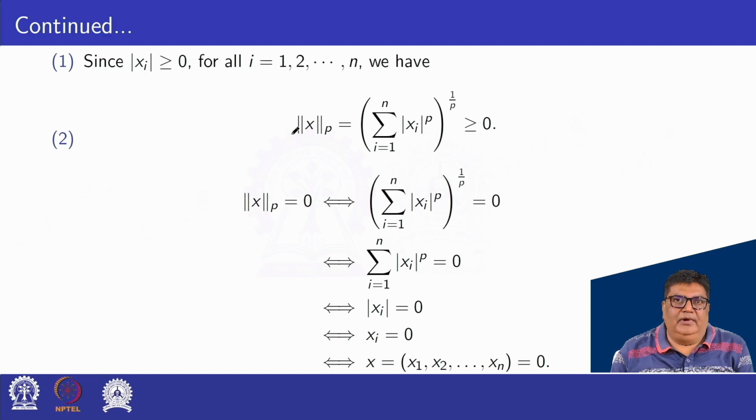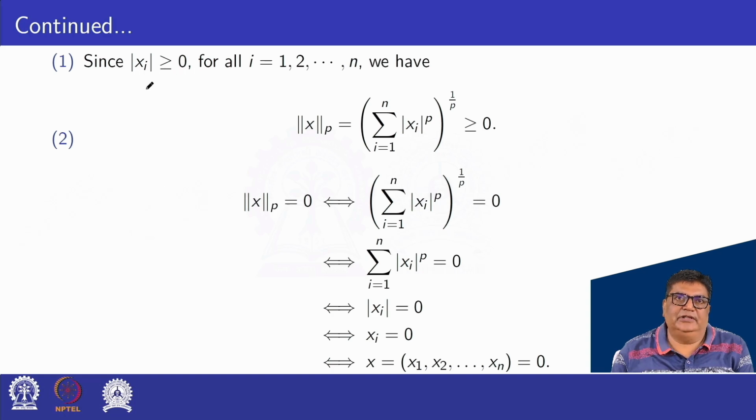Then ||x||p = (summation i = 1 to n |xi|^p)^(1/p), which means (|x1|^p plus |x2|^p plus and so on |xn|^p)^(1/p). Each |xi| is greater than or equal to 0, so the summation of all these is greater than or equal to 0.